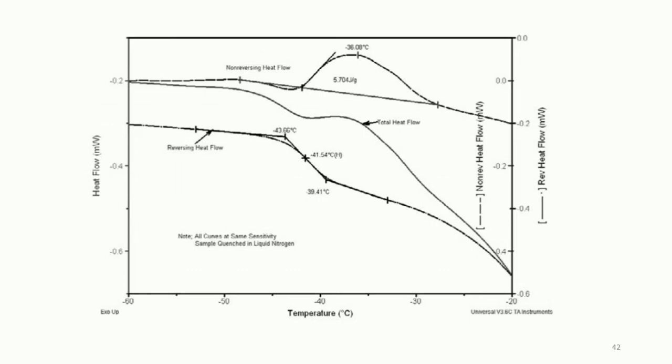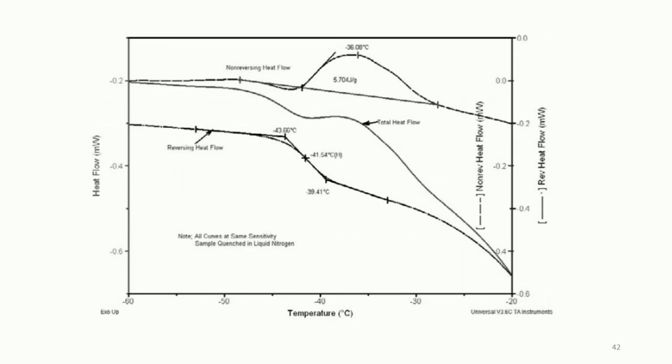The second transition is an exothermic in the non-reversing signal, which is caused by crystallization of free water that would not crystallize during the quench cooling of the sample.